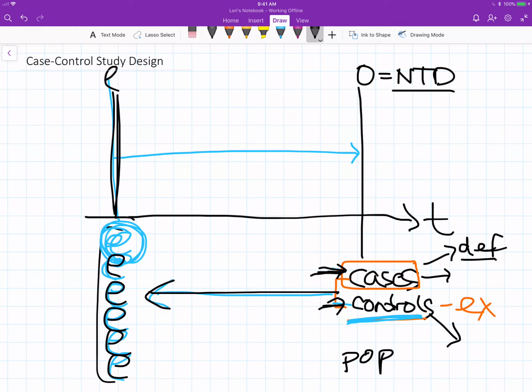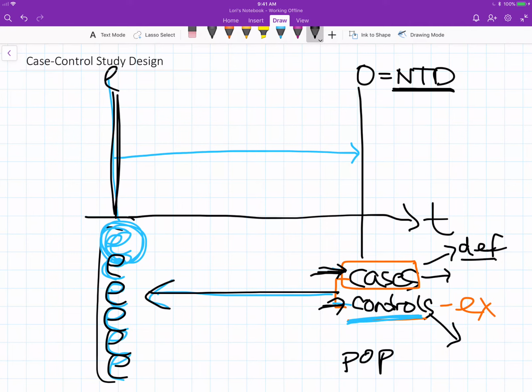So those infants with a neural tube defect, we asked the moms about all different kinds of exposures. Did this happen during your pregnancy? Did you take prenatal vitamins? Do you eat this food? Did you travel? Did you have some infectious disease? Did this or that or something else happen to you during your pregnancy?